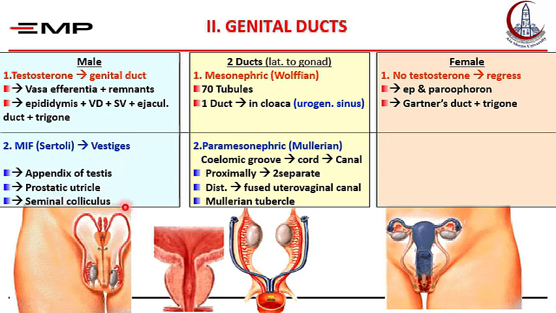Its proximal part will give just a small appendix resting on the upper pole of the testis called appendix of the testis, while its distal end here within the prostate will form the prostatic utricle, which corresponds to the uterus of the female.